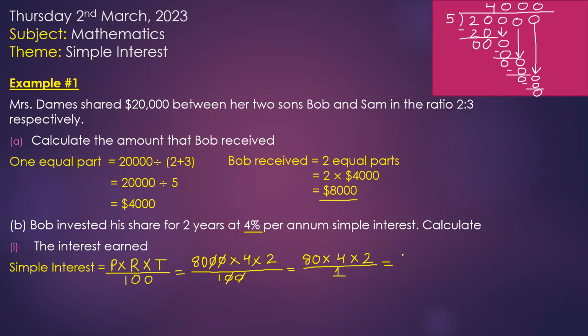That's correct. So 80 times 4 is going to be 320, multiplied by what? By 2. We multiply by 2, 640, divided by 1.